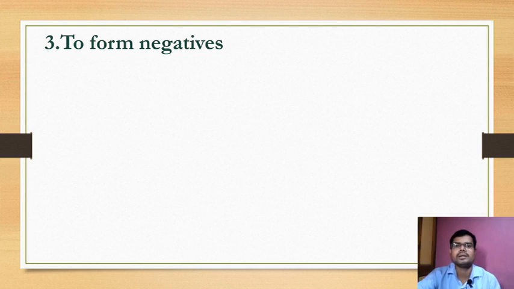All these are negative words, and hence such sentences are called negative. So how can an auxiliary verb be used for making negative statements or sentences? Let's check with the help of these examples.